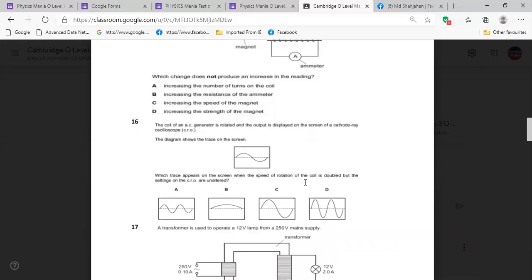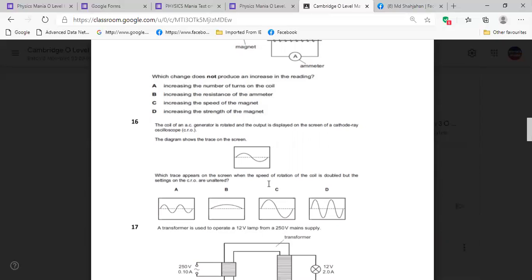So if it is more induced EMF, then it can be either C or D, right? Now, if you increase the number of rotations, then the number of complete cycles increases every second, right? So which one should be your answer? D.